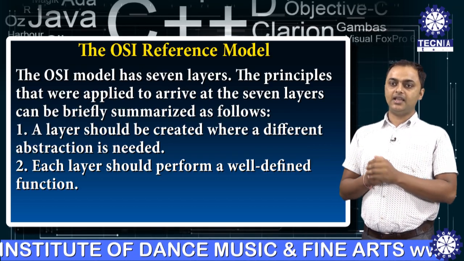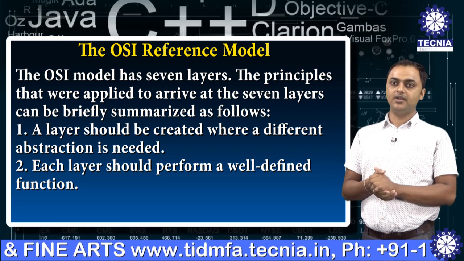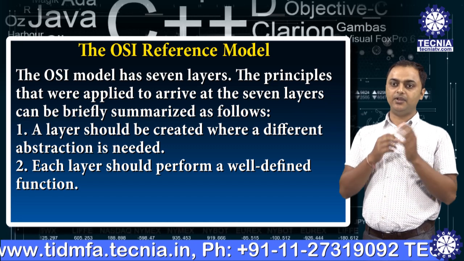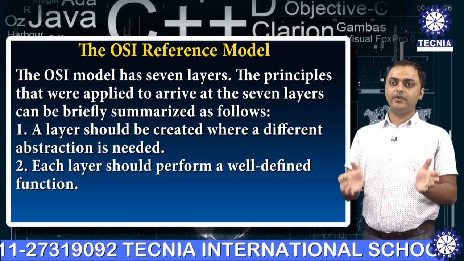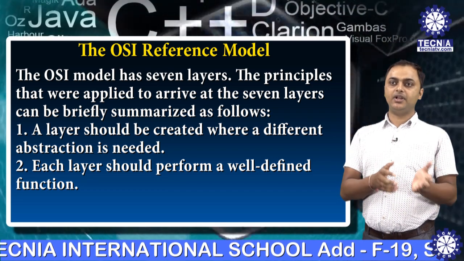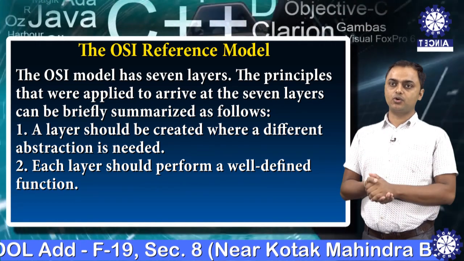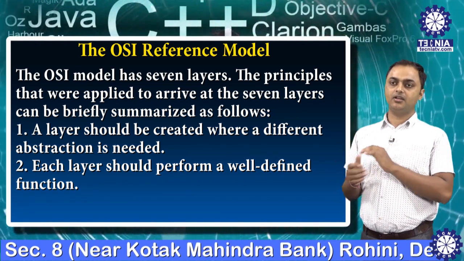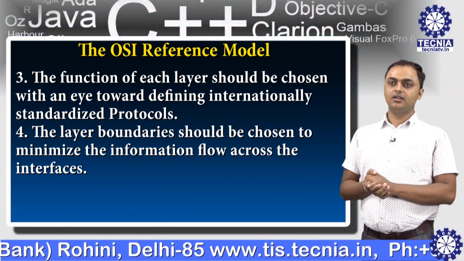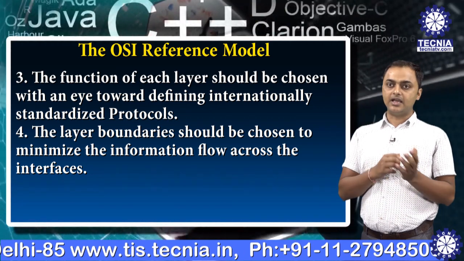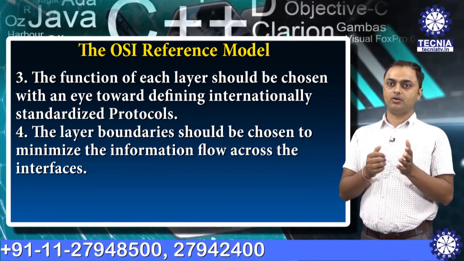The OSI model has 7 layers. The principles that were applied to arrive at the 7 layers can be briefly summarized as follows. Number 1, a layer should be created where a different abstraction is needed. Second point, each layer should perform a well-defined function. Third point, the function of each layer should be chosen with an eye towards defining internationally standardized protocols.